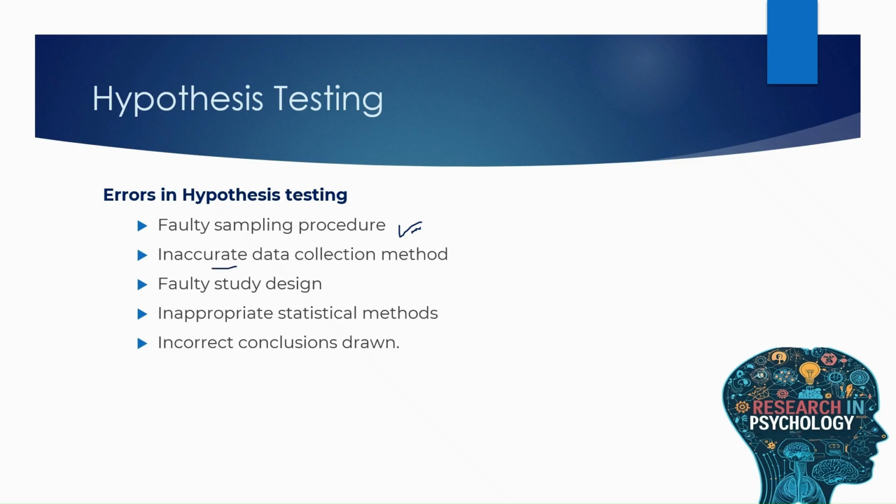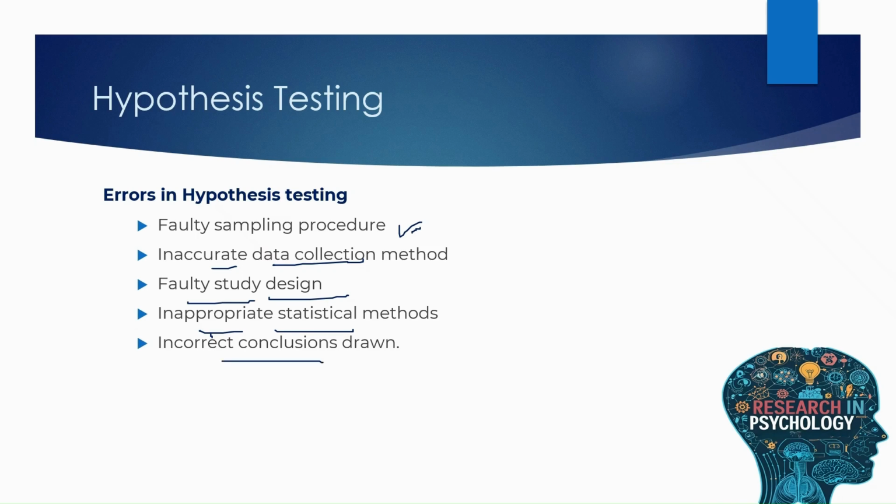Secondly, inaccurate data collection method. If you are not using a proper or standardized data collection method, again, there could be an error in hypothesis testing. Faulty study design. You have collected the samples properly, you have a proper data collection method, but if the whole plan of your study is faulty, even then the hypothesis testing can give you an error. Okay. Inappropriate statistical methods. You will study about different types of statistical methods. So if you don't choose the correct statistical method for your study, even then there could be an error in your hypothesis.